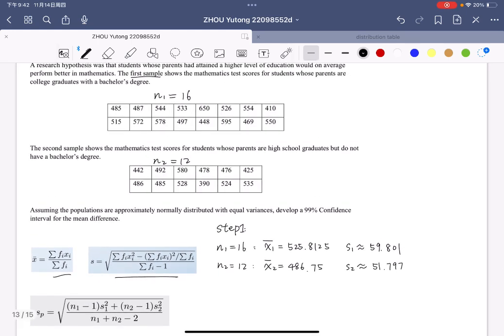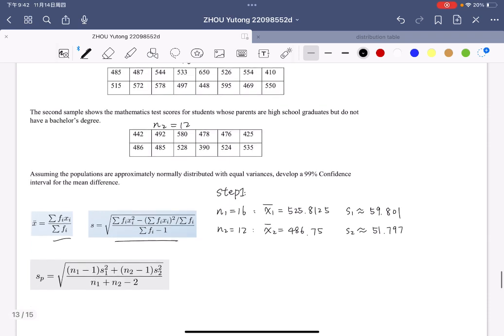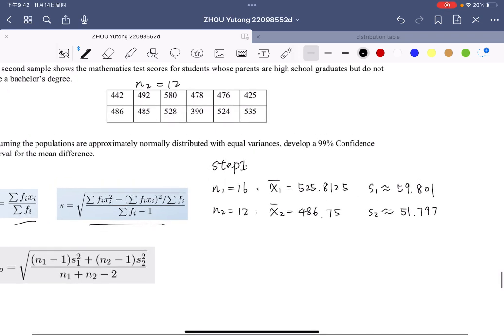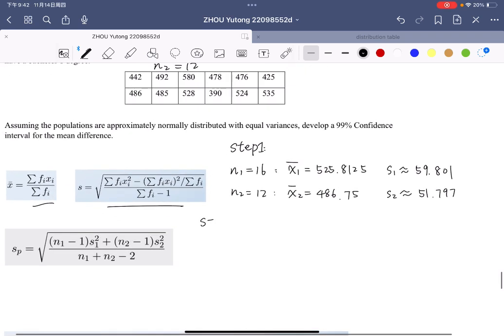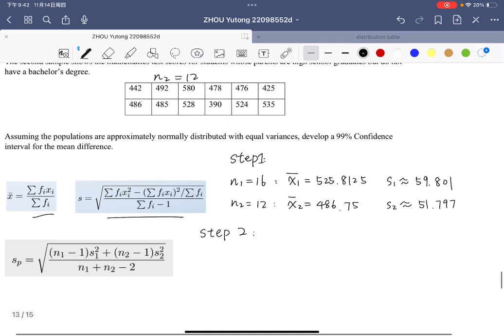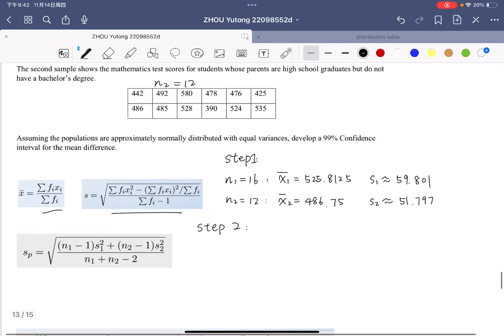With these basic characteristics of both samples, we can now come to step 2, that is, calculate our SP.